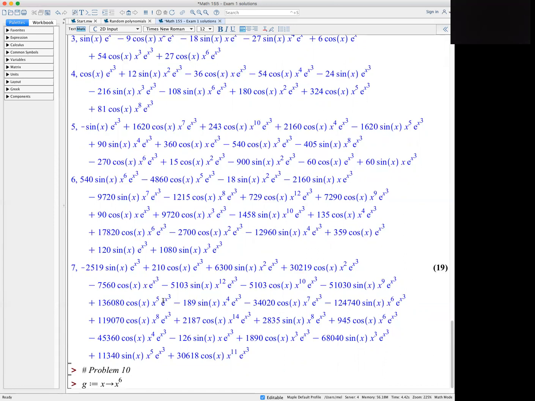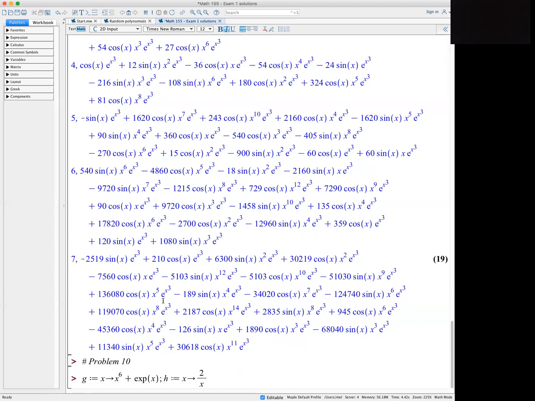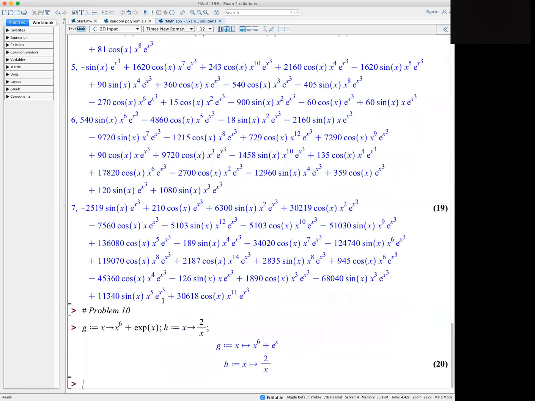G is the function x to the 6th plus exp of x. And h is the function 2 over x.